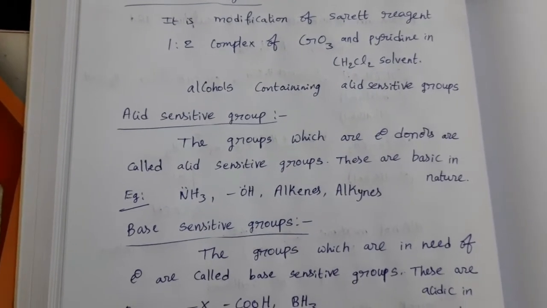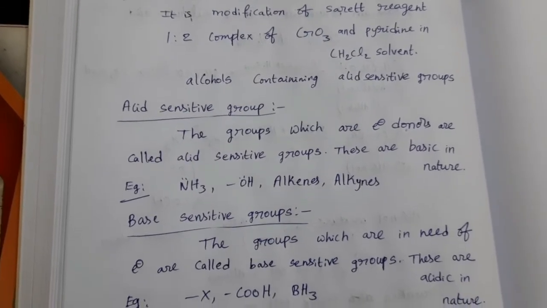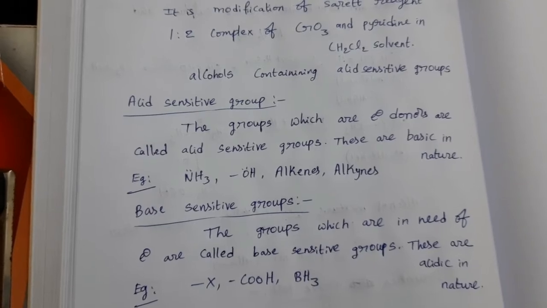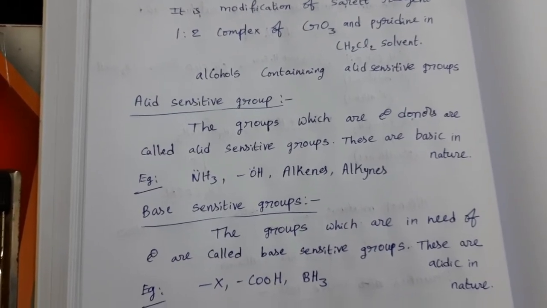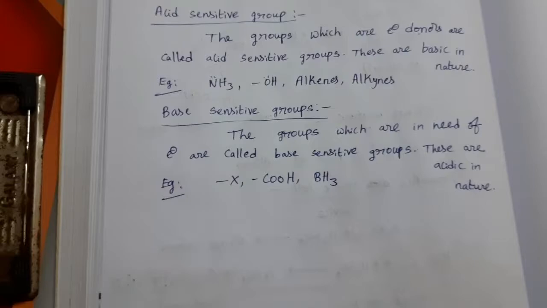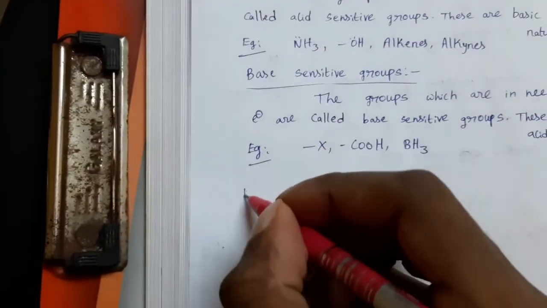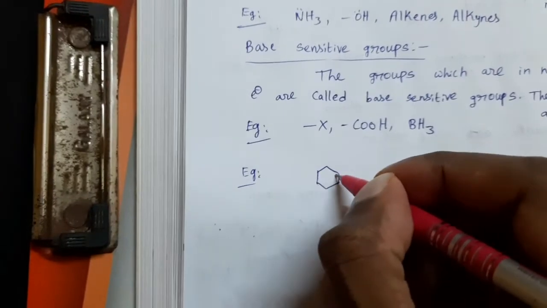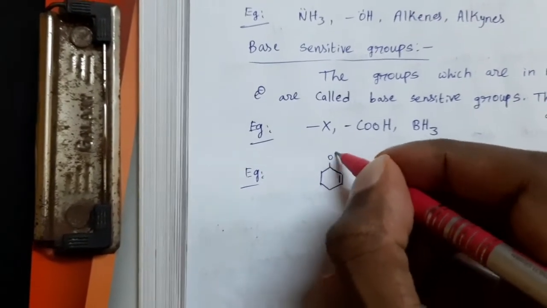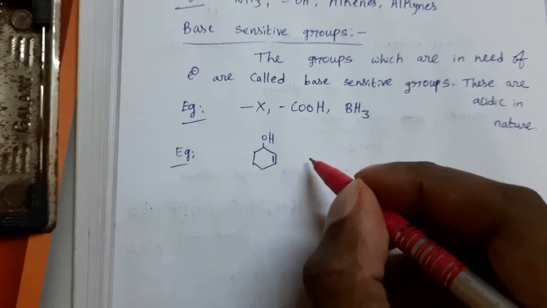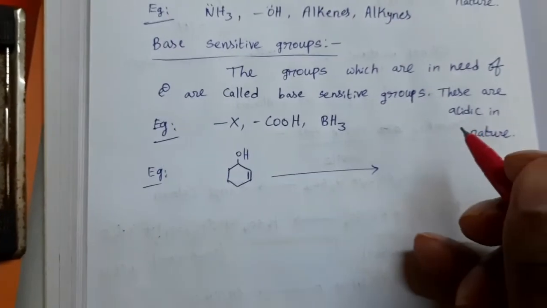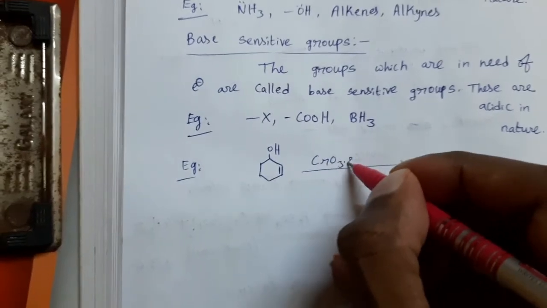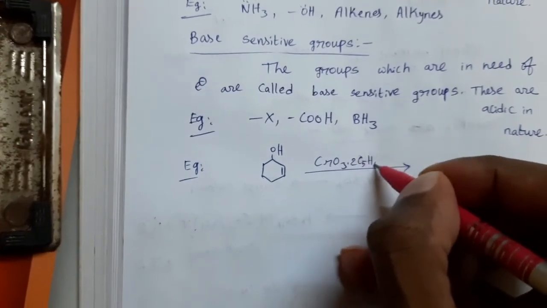That means for an alcohol containing a double bond or triple bond, those double bonds and triple bonds are not affected by this Collins reagent. See the reactions. Cyclohexanol, having OH, is treated with Collins reagent, CrO3, 2C5H5N.